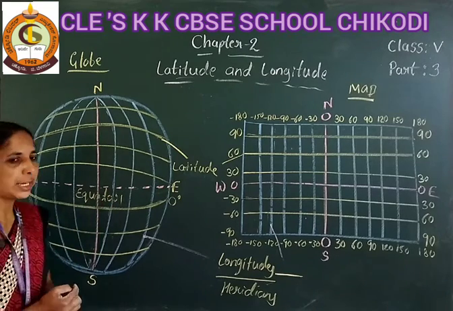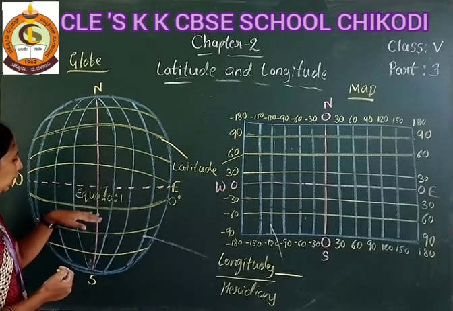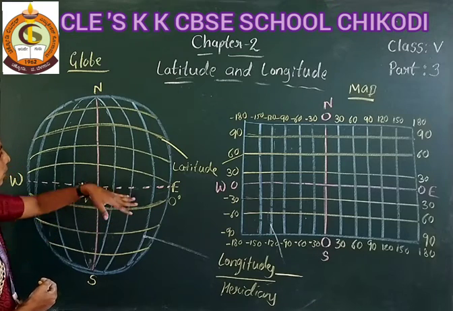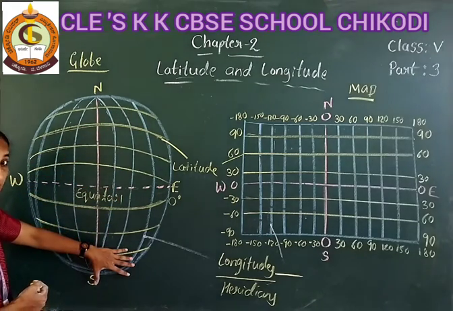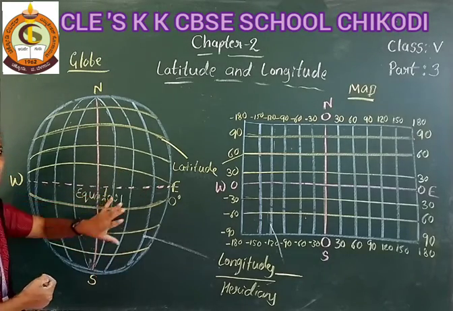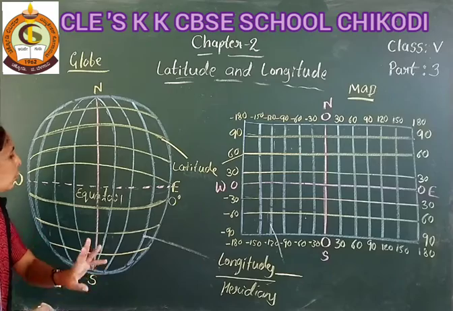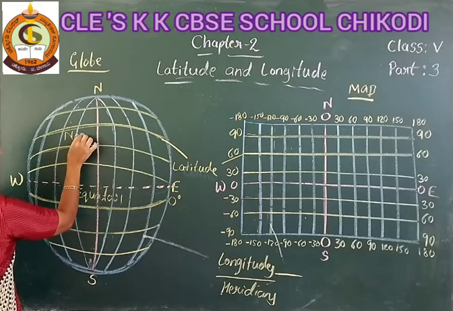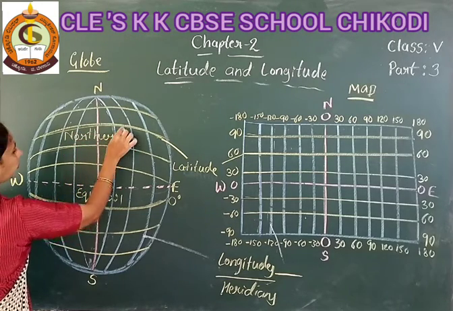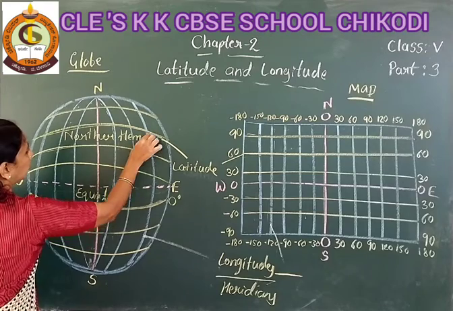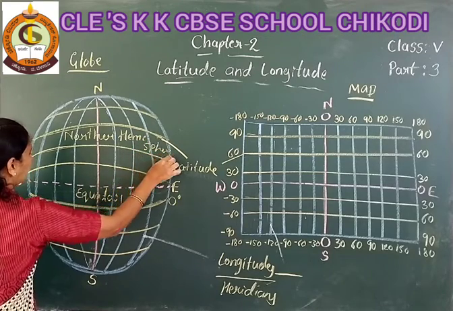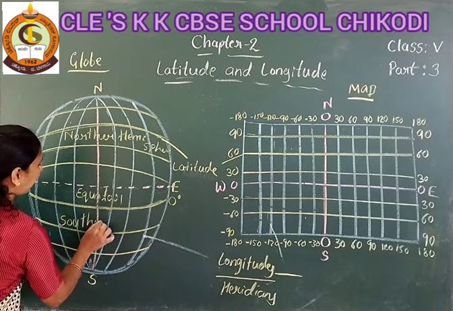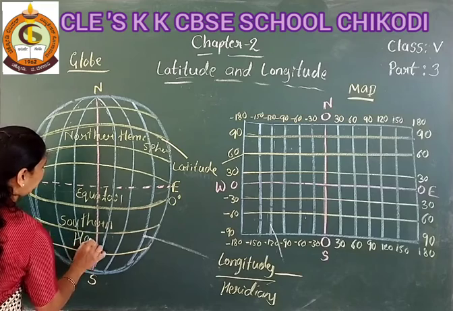Also you can see here the equator divides the earth into two parts. Above the equator we call it the northern hemisphere, and below the equator it is the southern hemisphere.